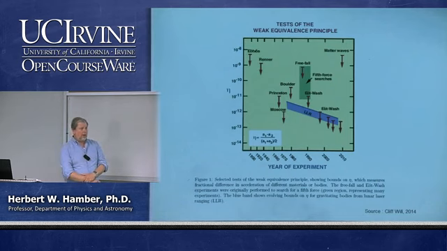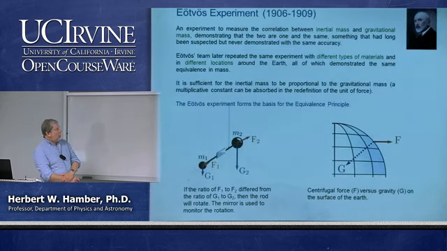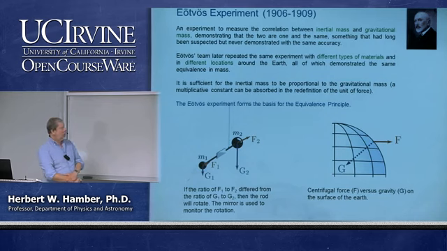So you can send a laser to that mirror and receive it back and do very accurate interferometric distance measurements. So that's very nice because it looks like this principle of equivalence is pretty good, right? 1 part in 10 to the 12 or 10 to the 13 is something that you should really take seriously.